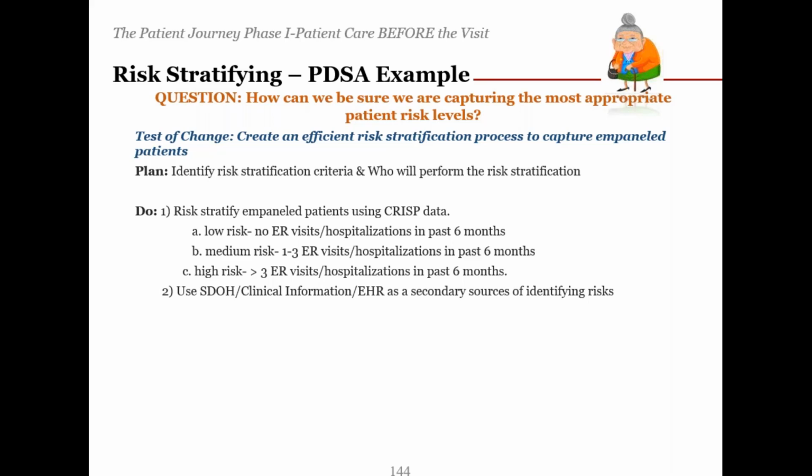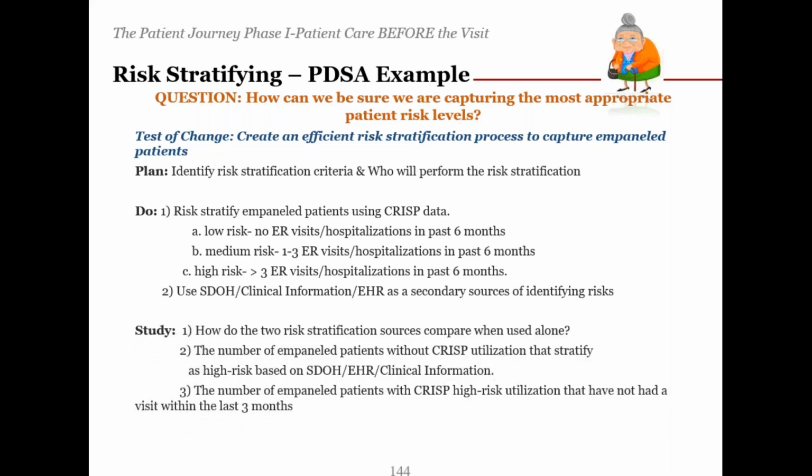We do the low risk, medium risk, high risk, and then we'll also take a second step to use social determinants, maybe feedback on the patient's social needs, and look at the clinical information. Sometimes the physicians or the providers and the nurses know offhand what these are, and these are also secondary sources of identifying risk. And then we'll study how the two risk stratification sources compare when used alone.